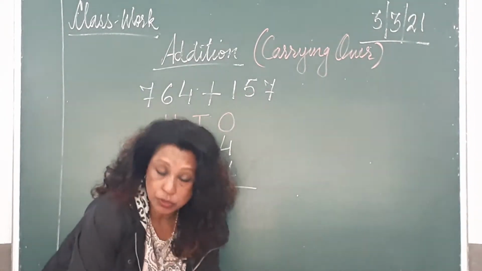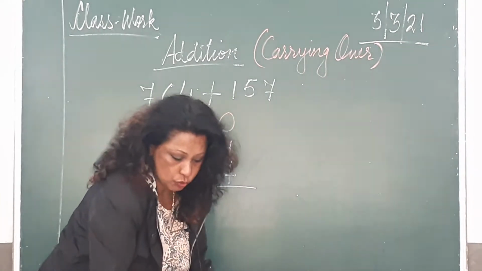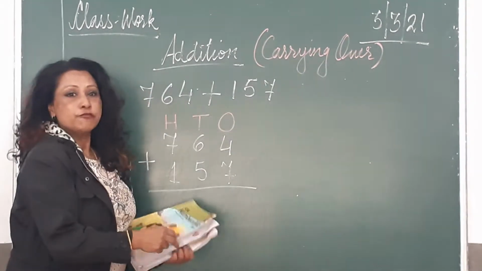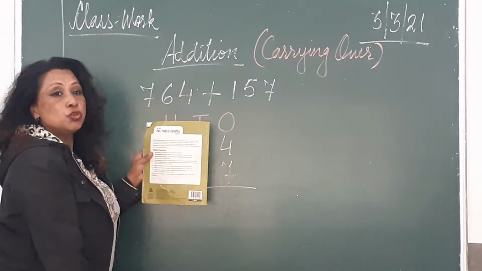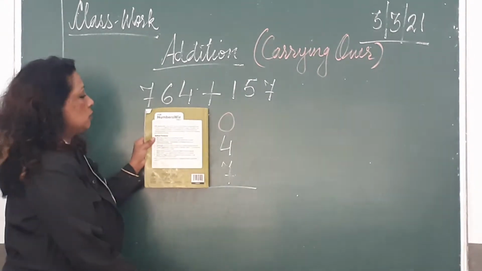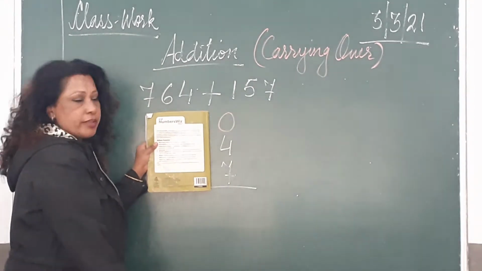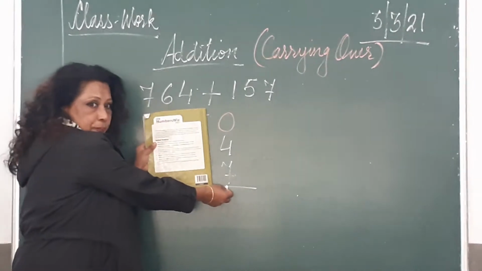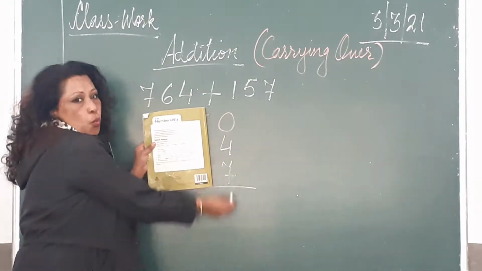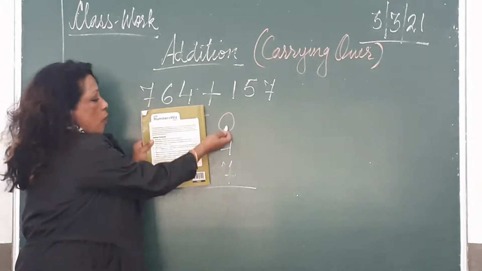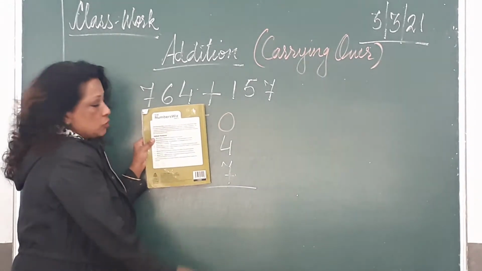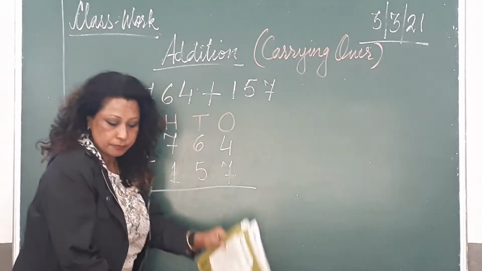In the last video I also told you, when you're doing the addition, first forget about the other numbers, just concentrate on the numbers below ones. Look at these 2 numbers only, alright?